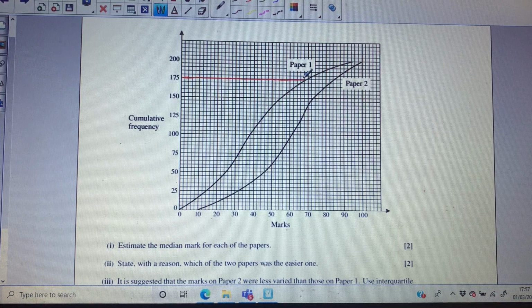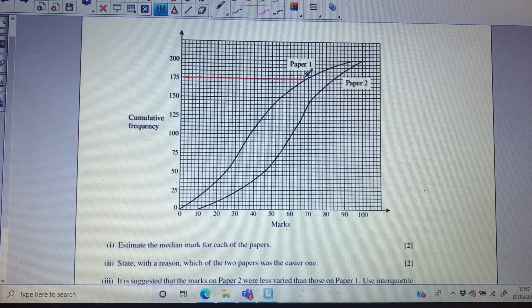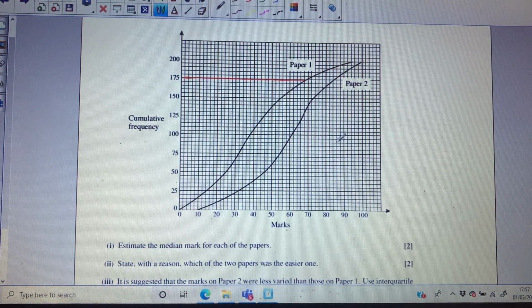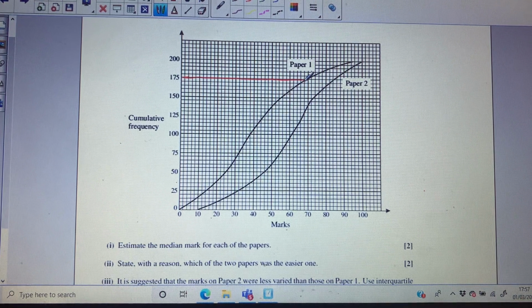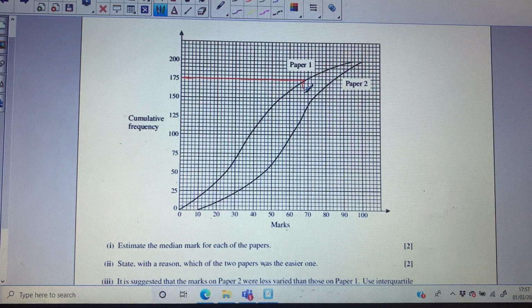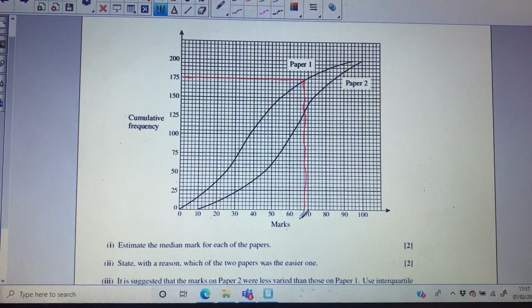Oh, it's so tricky to spot. I put my glasses on to look in there. So if I come down here, obviously you use a nice ruler, I'm going to say 68.